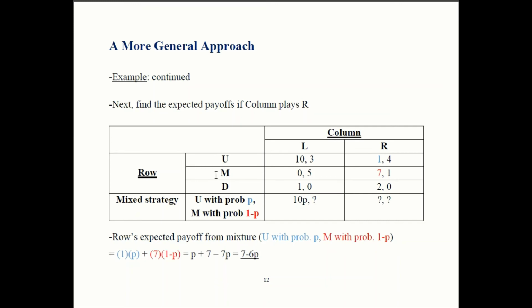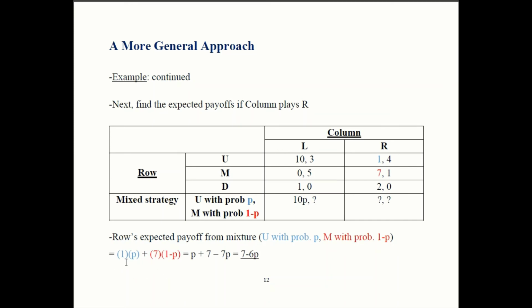Whenever we play M and they're playing R, we're going to get 7. We get 7 with probability 1 minus P, so we're getting 7 times 1 minus P. So just go and expand this whole expected value.